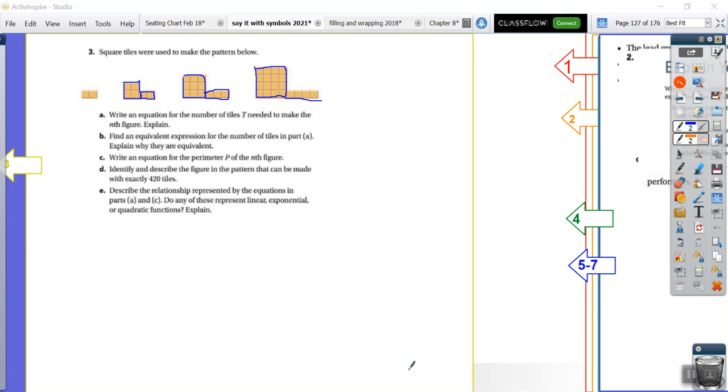All right, so the 4th figure is a 4x4 square with a 1x4 tail. The 3rd figure has a 3x3 square and a 3x1 tail.